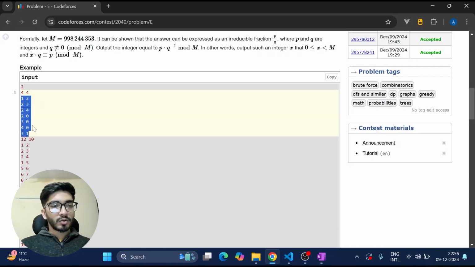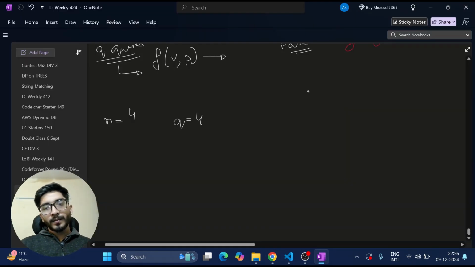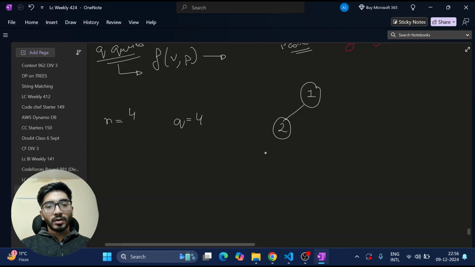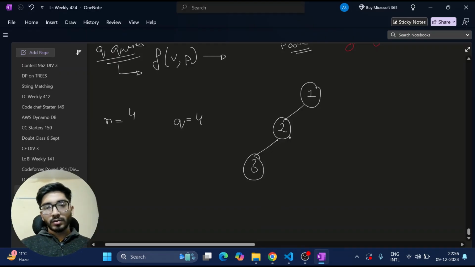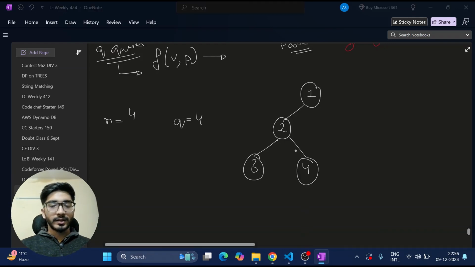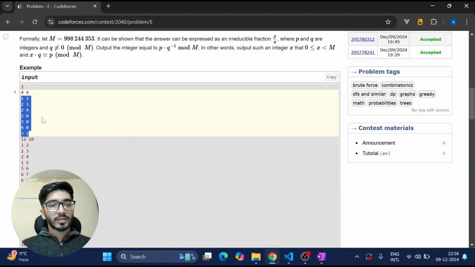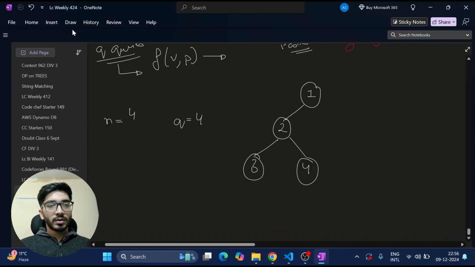1 is connected to 2, 2 is connected to 3, and 2 is connected to 4 also. So this is the tree itself. The very first query is 2 comma 0.